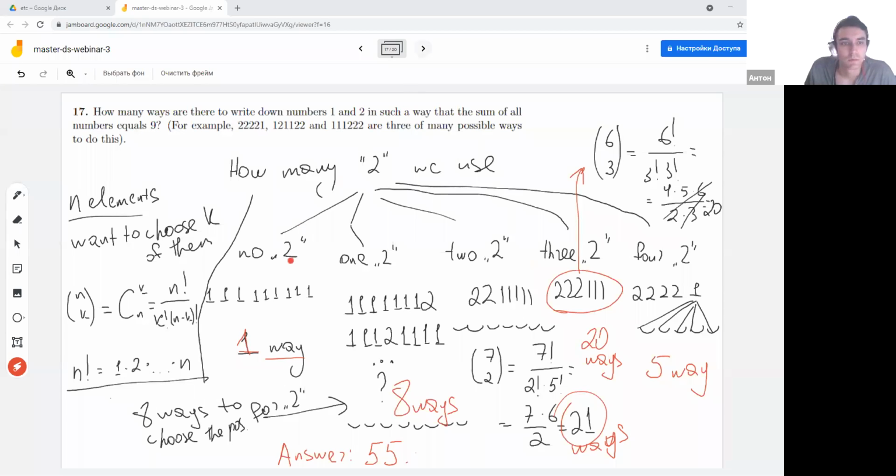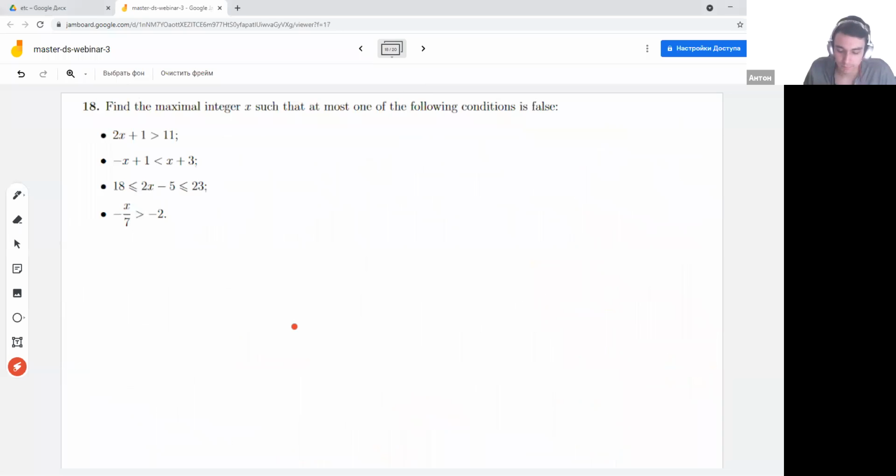Fine. Let's move to the next problem. It's problem number 18. Here we have a system of conditions, or constraints, and what we want is something like a constraint satisfaction problem.